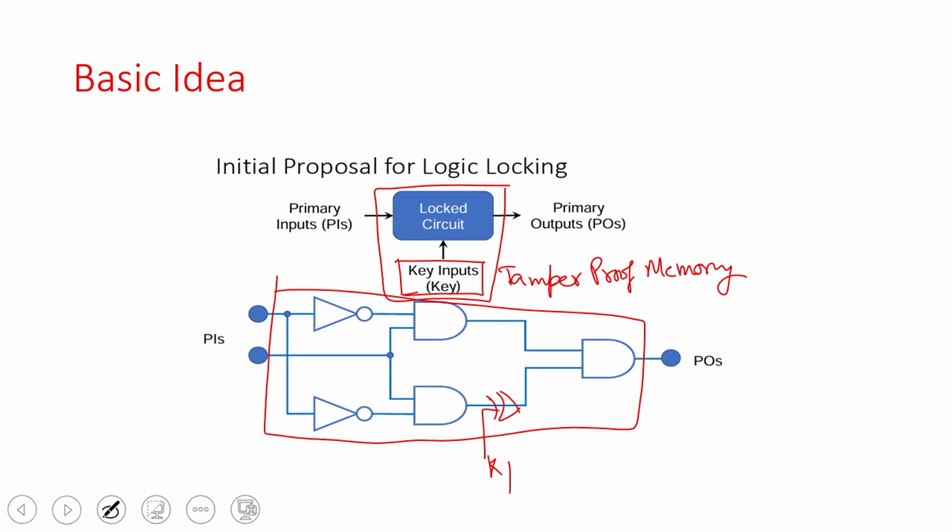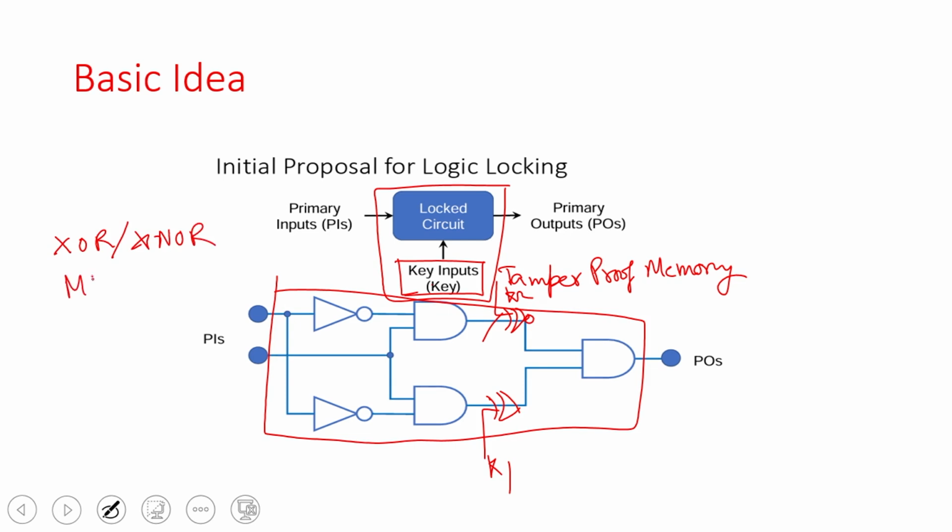I want to lock this one, so I will put some gate, say XNOR, with some other key. So, to introduce any key, I need to add one more gate anywhere in the circuit. Okay. So, this is the way you have to do the combinational locking. Whether you want to add a gate or a multiplexer, whether it is a LUT, that is a design decision, but usually people use either an XOR gate or an XNOR gate.